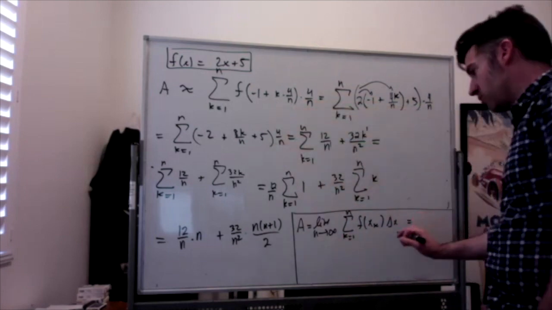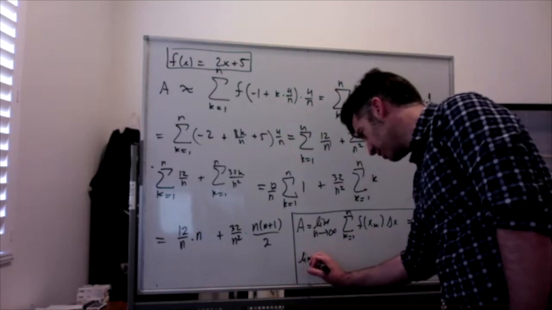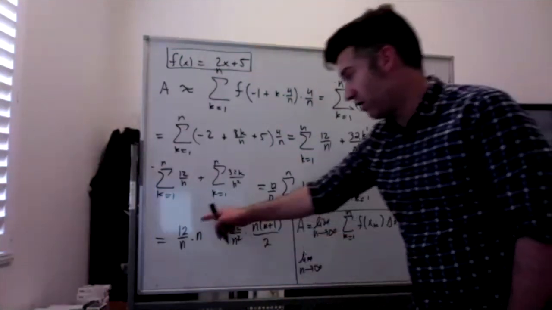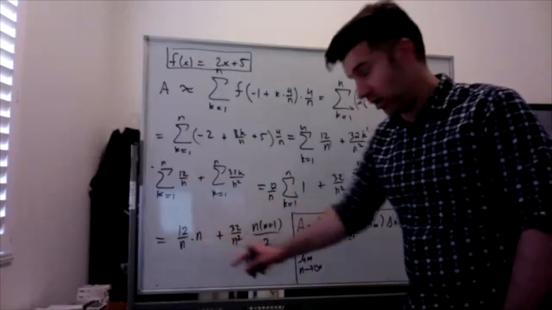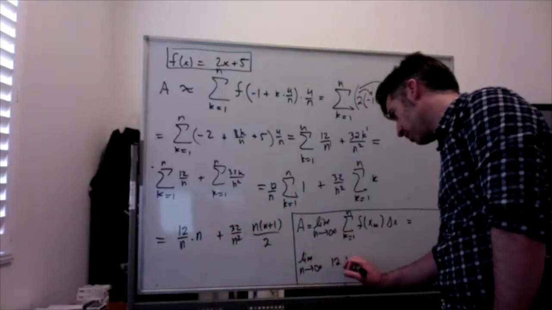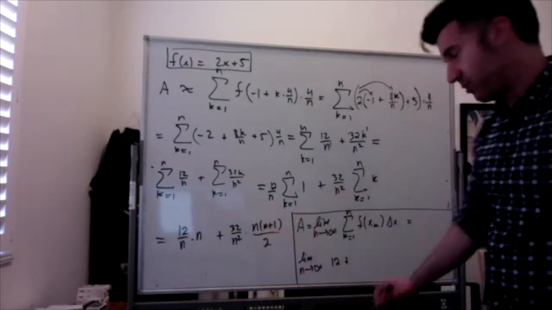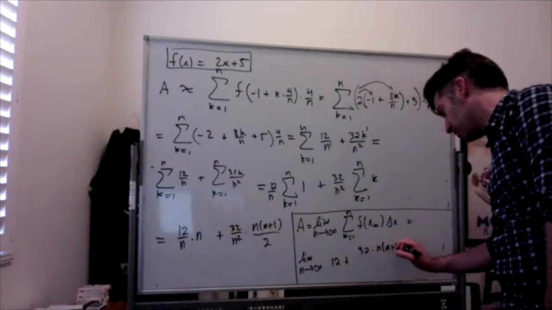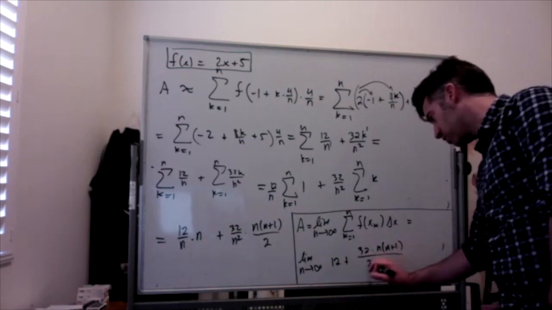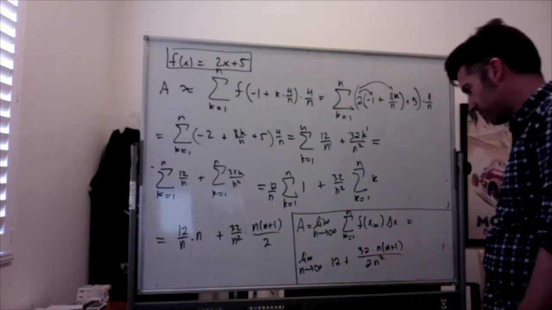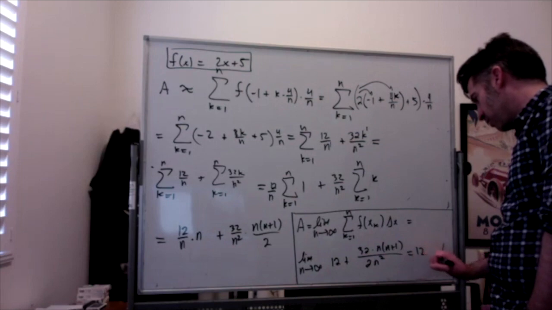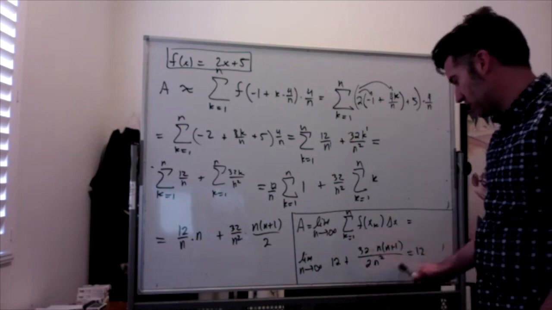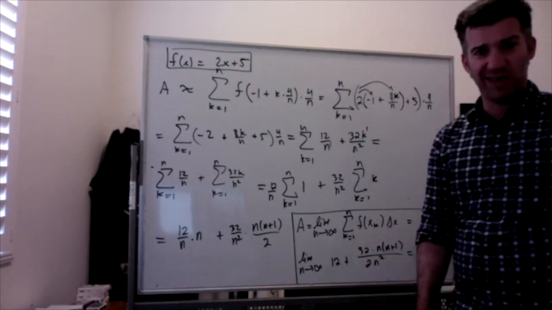So it's equal to the limit as n goes to infinity in this particular case of 12 over n times n, that's just 12, plus 32 times n plus 1 over 2n squared. So I'm going to get 12 plus what? So what's the limit of this expression here? Anybody have a guess?